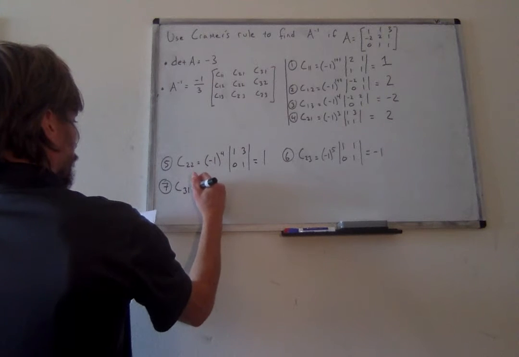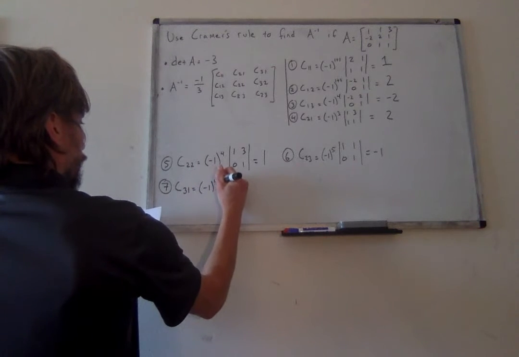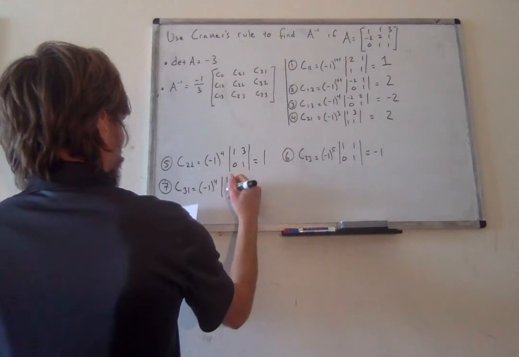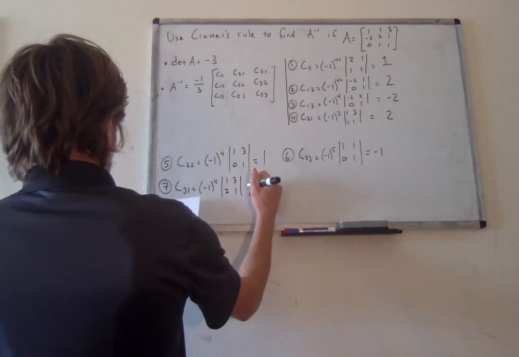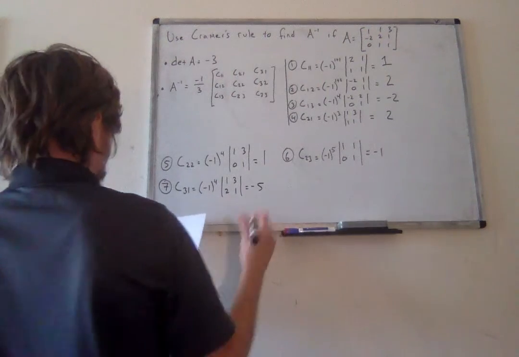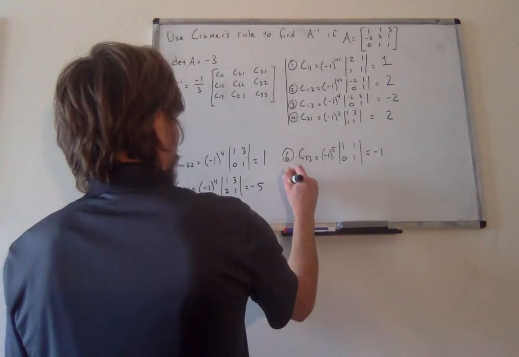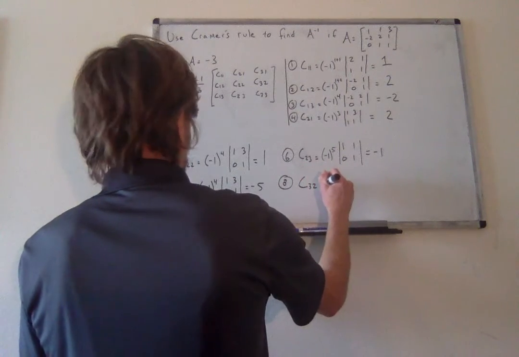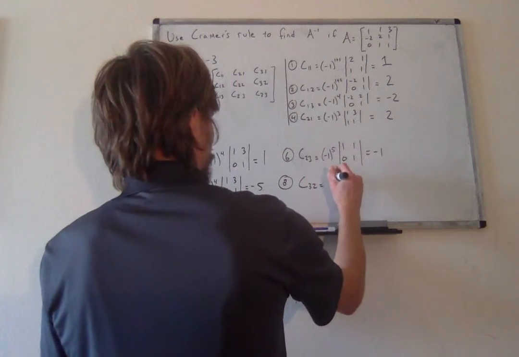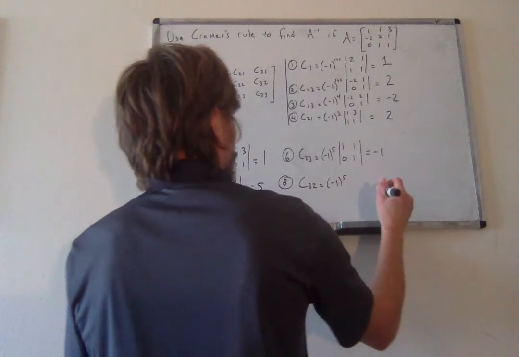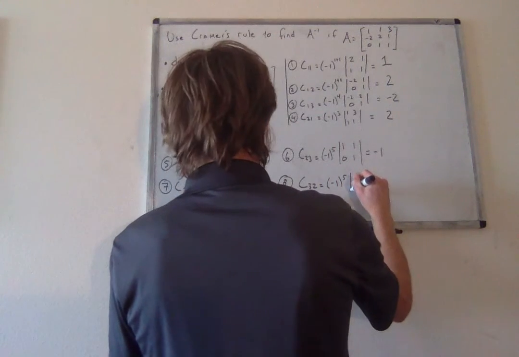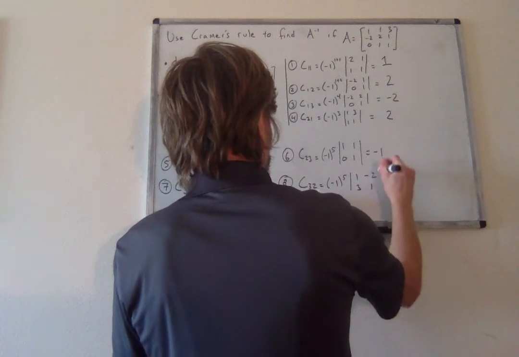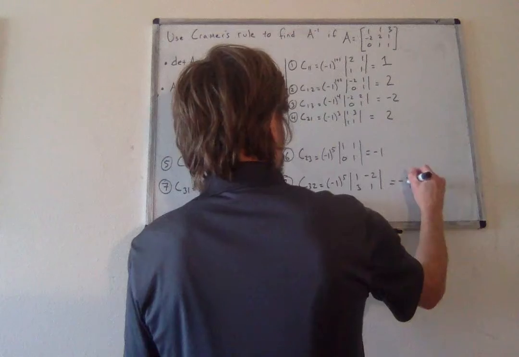C31 is equal to -1 to the 4th times the determinant of 1, 3, 2, 1, which is equal to -5. 8. C32 is equal to -1 to the 5th times the determinant of 1, -2, 3, 1, which equals -7.